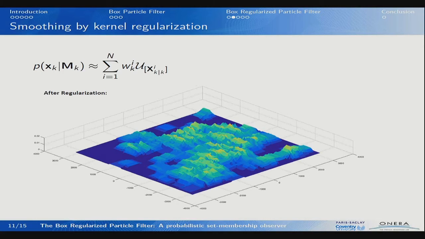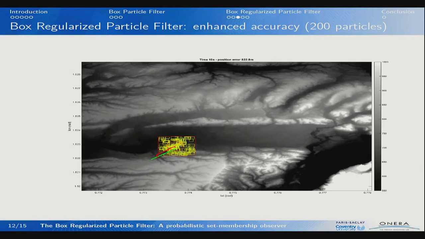We have something that is smoother, and we can more accurately get some peaks, some maximum, and we can more accurately estimate something close to the real state. This is only during the first iteration, but after that we have the same process at each resampling step. And on the previous example that I've shown, we can get something like that.